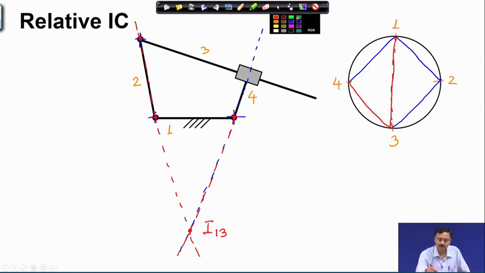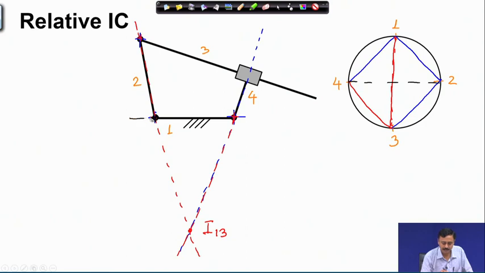Next, I ask the question whether I can locate I 2 4. So, I 2 4 must lie on I 1 2 and I 1 4. So, on this line.